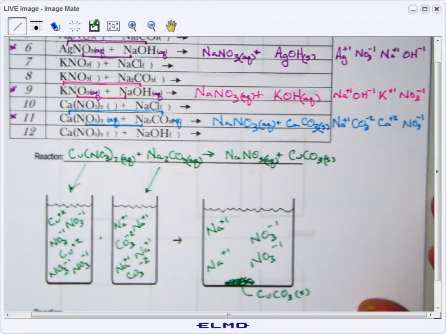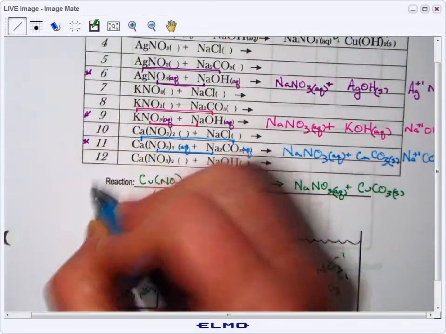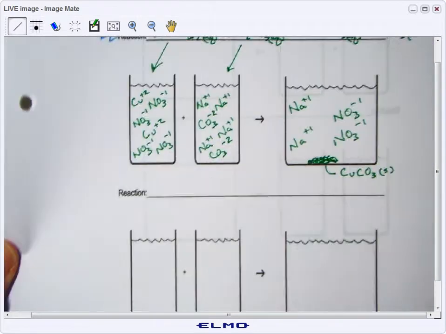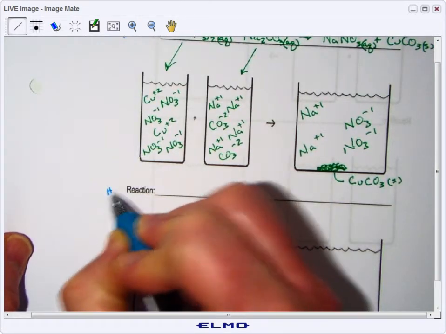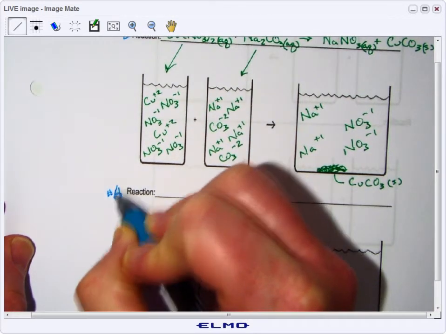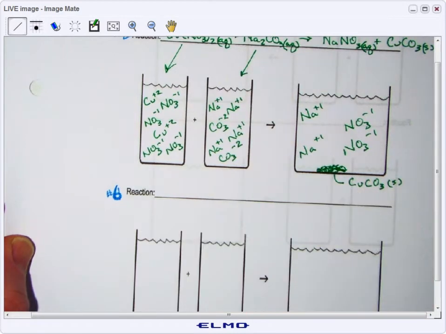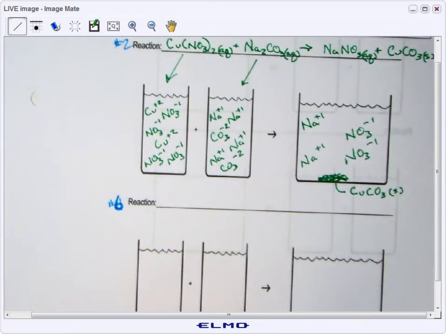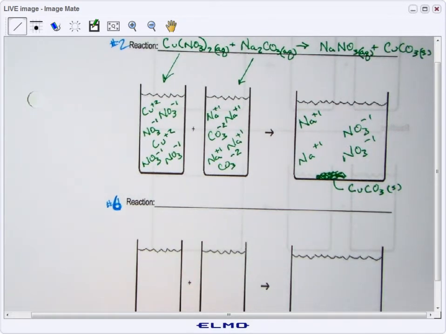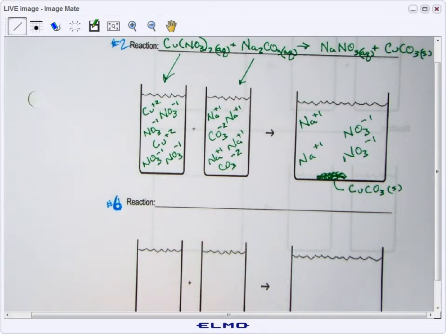So on here, this was problem number 2 that we did that drawing of, right? So you're going to write the reaction and do the drawing for number 4. Oops, sorry. Number 6. What happened? 1, 2, 3, 4. I'm missing one. Oh, I skipped number 4. Oh, we'll be okay.